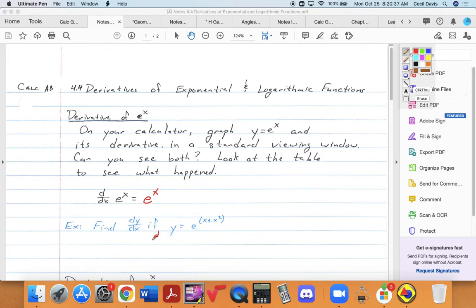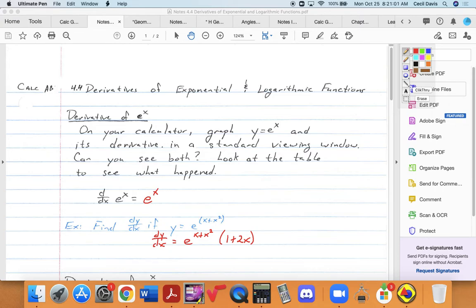Chain rule. Indeed, the chain rule. So dy dx is going to be e to the x plus x squared times the derivative of x plus x squared, which is 1 plus 2x. Good stuff.